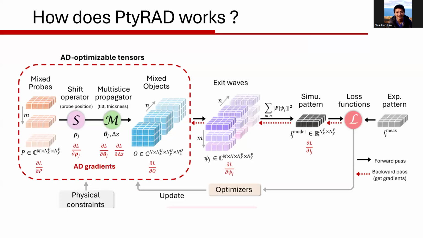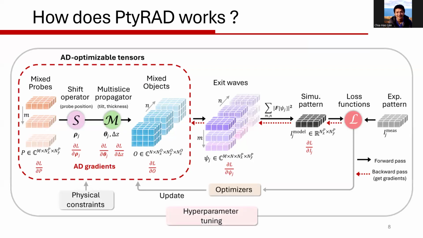On top of this, PtyRAD also has another layer of optimization, which is hyperparameter tuning, that allows you to optimize certain variables that are not directly optimizable with automatic differentiation. For example, the learning rate, the batch size, the choice of the optimizer, and a lot of other initial parameters like defocus, convergence angle, and things like that.